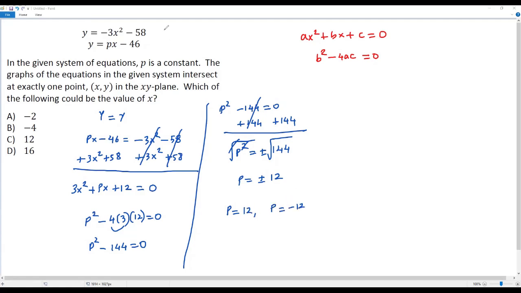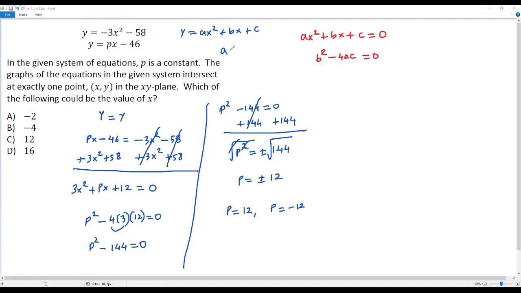Okay, now let's consider the first equation we have over here. Actually, it is a quadratic function and its graph will be a vertical parabola. Whenever we have a quadratic function in this form, y equals ax squared plus bx plus c, then we'll be getting a vertical parabola as a graph. And here we have to consider the leading coefficient, that is the coefficient of x squared.